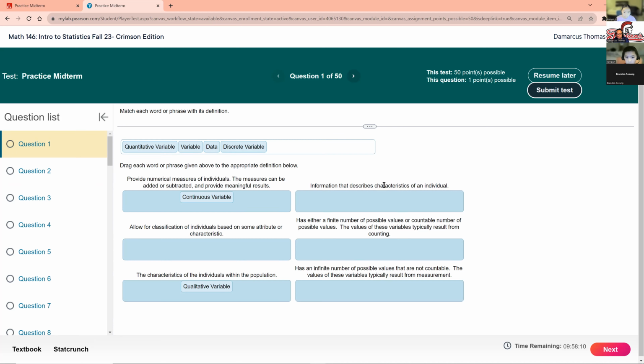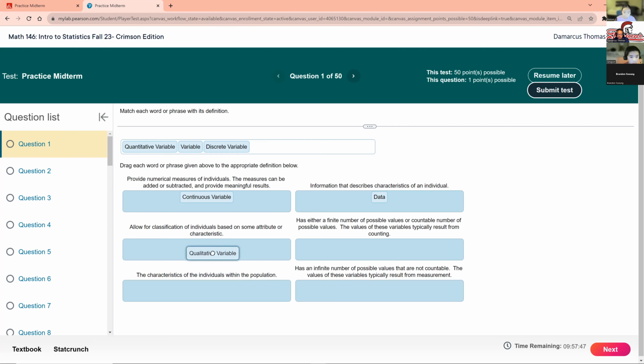Information that describes the characteristics. I think allow for classification of individuals based on some attribute or characteristic.